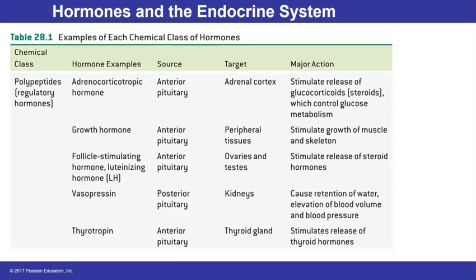Your pituitary gland releases some of these, such as growth hormone, follicle stimulating hormone, and thyrotropin, for example. All of these different regions might have different targets, right? Even though they might be released from a single gland, they might have different peripheral targets. Just a little bit about where these hormones might be coming from.